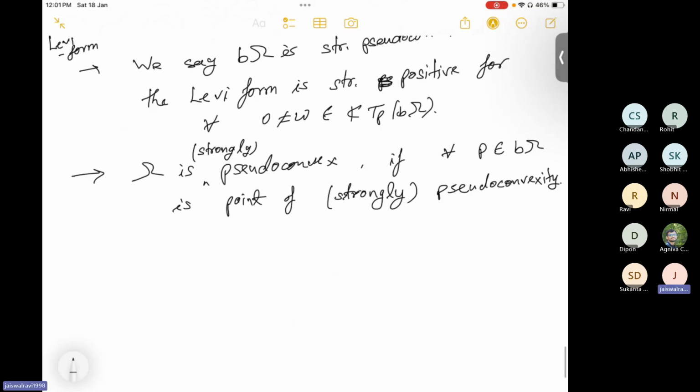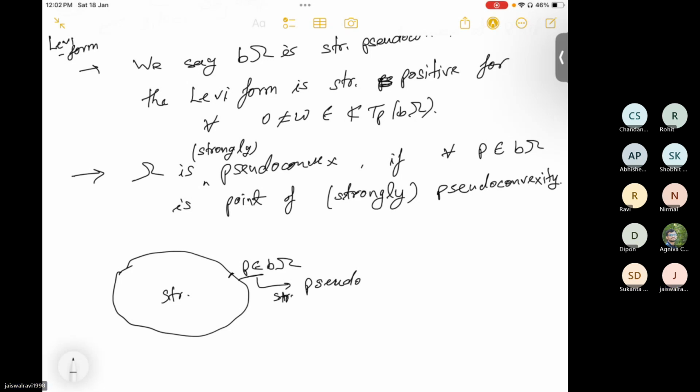So basically we say omega is pseudo-convex if any point on the boundary of omega is pseudo-convex. Similarly, our domain is strongly pseudo-convex if any point P is strongly pseudo-convex.